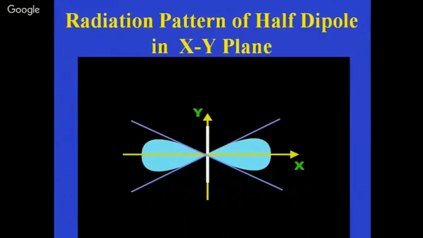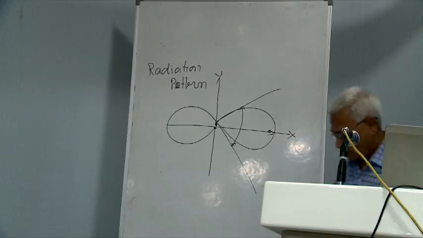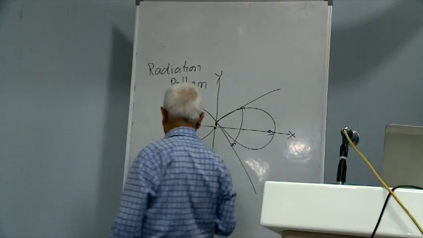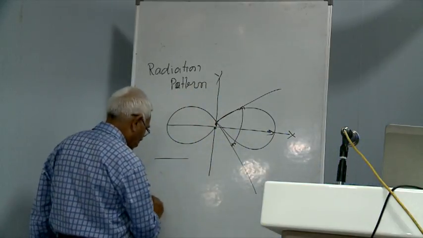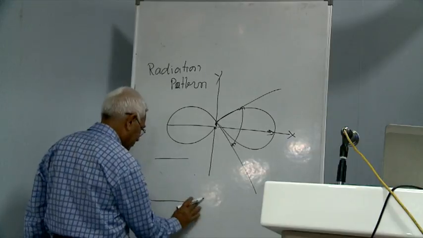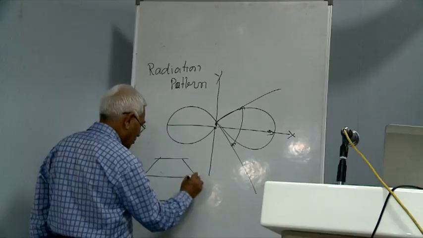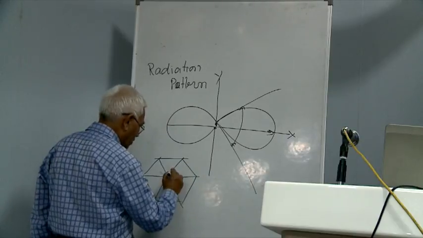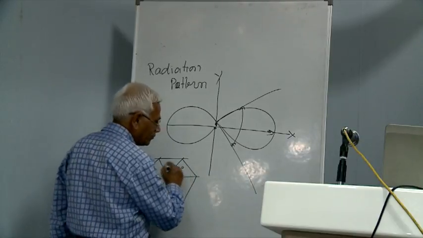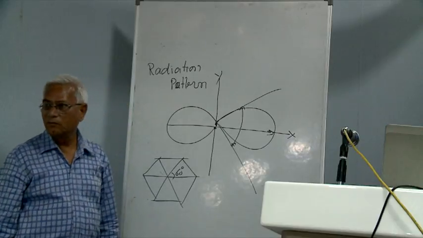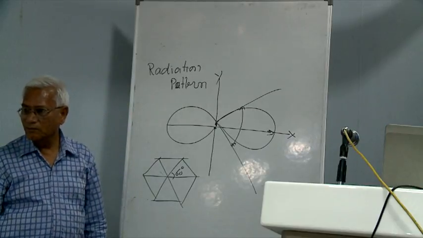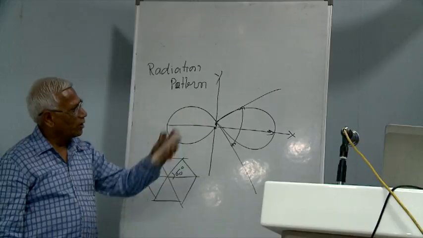What is your requirement for any hexagonal cell? What should be this angle? 60 degree. But nowhere is it mentioned as 60 degree.